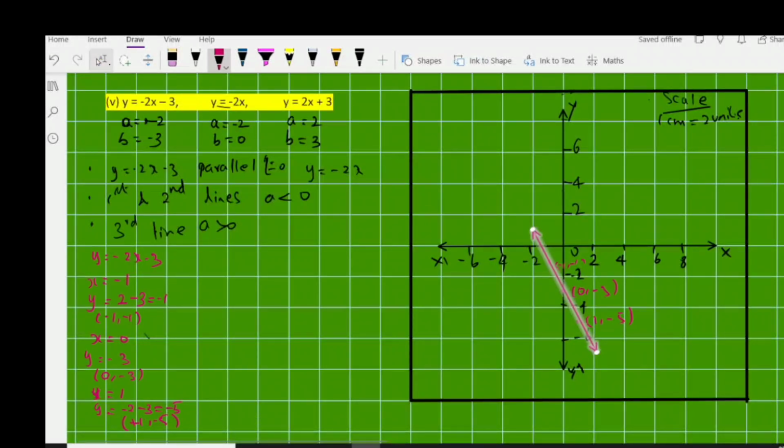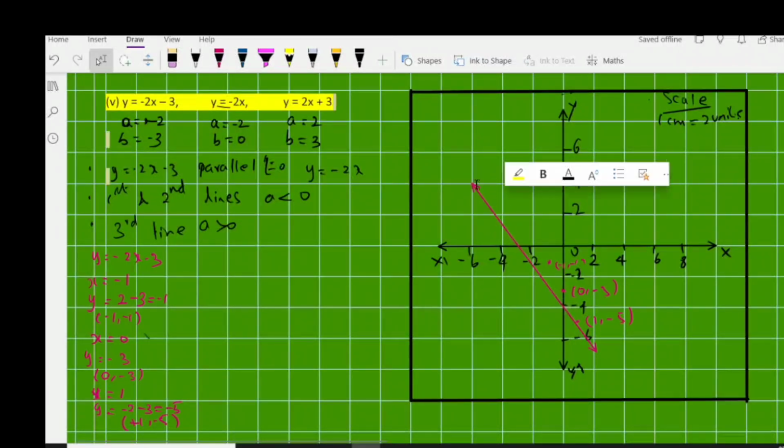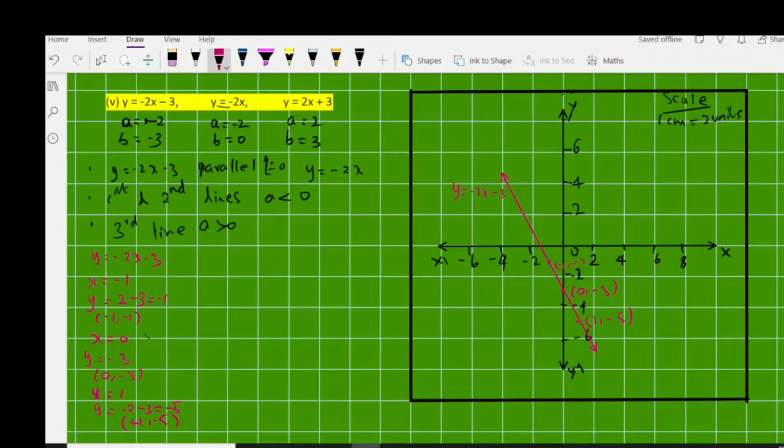We can extend the line, but the line should pass through the points. Yeah, this is the line. This is the line for the equation y is equal to minus 2x minus 3.